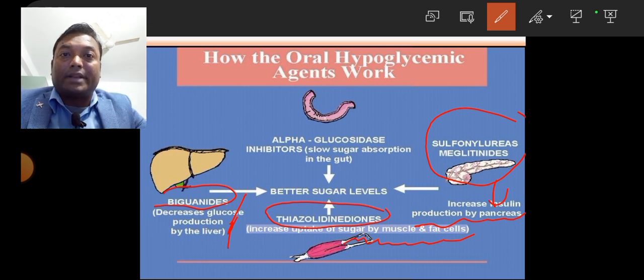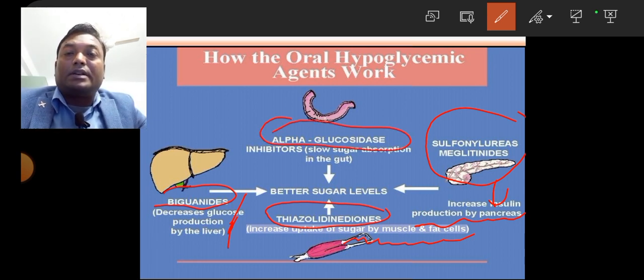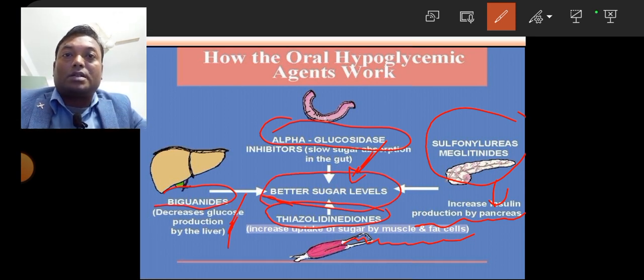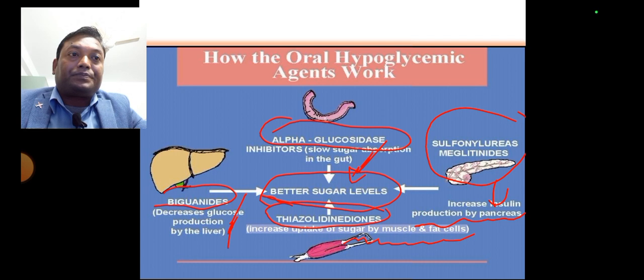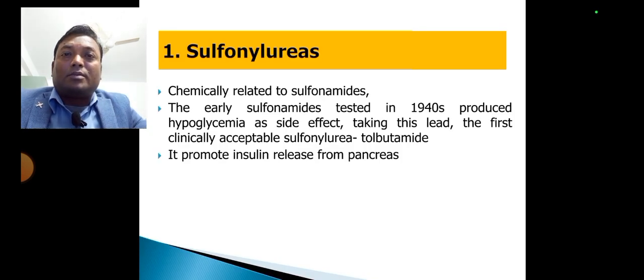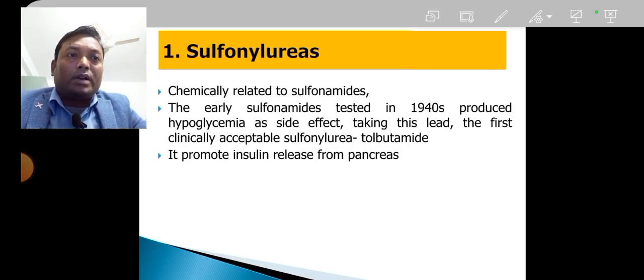Alpha glucosidase inhibitors reduce carbohydrate absorption from the gut. So this leads to better sugar levels. This chart shows how the commonly prescribed drugs, sulfonylurea, biguanide, thiazolidinedione and alpha glucosidase inhibitors, work inside the body. Let's discuss them one by one.